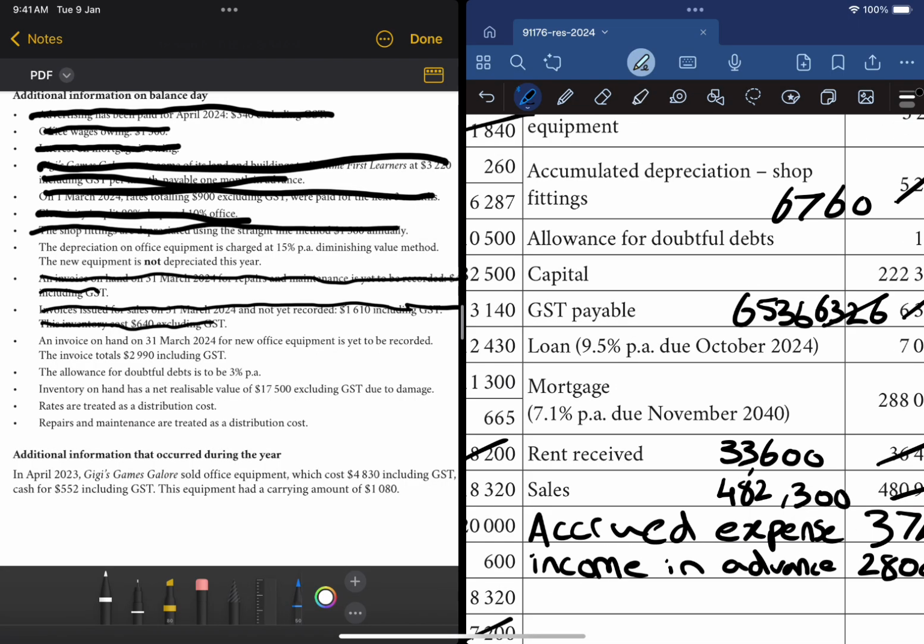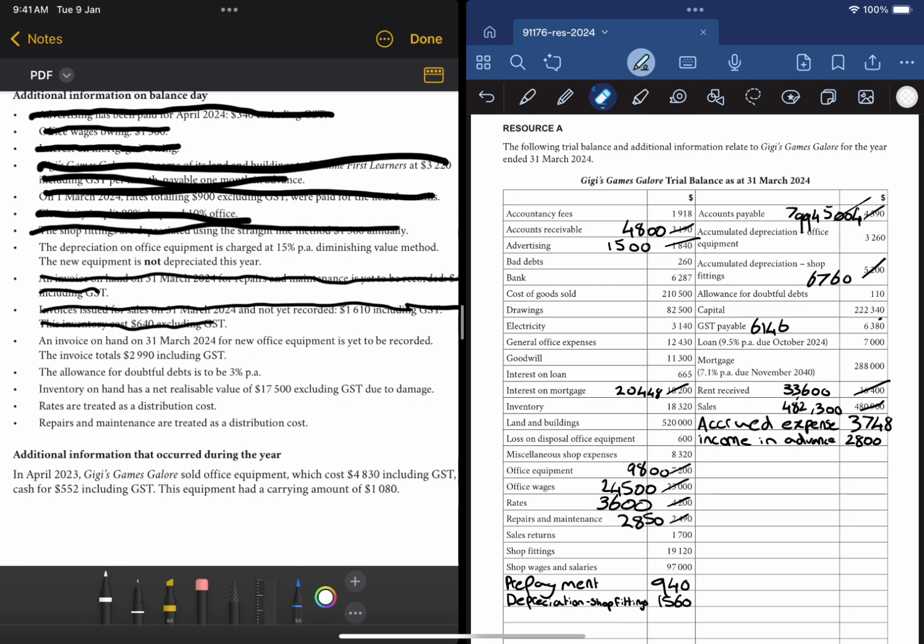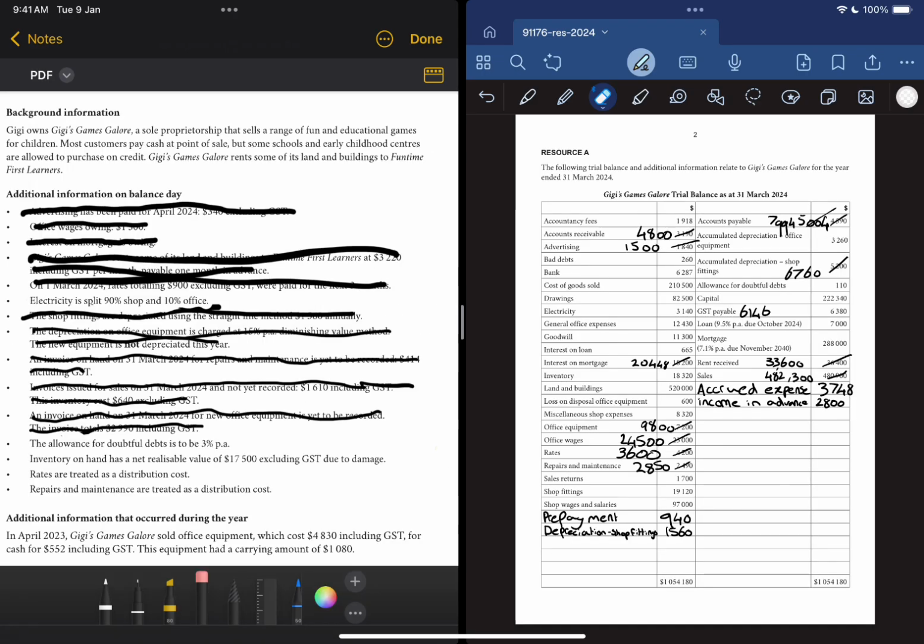So 6,536 minus 390 is going to give us 6,146. Okay, 6,146. I'll just erase that stuff so we don't get confused on the right. Nice, 6,146. Okay, so again, this line here is now done. We can move on to our next one.